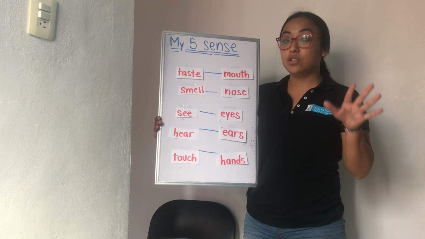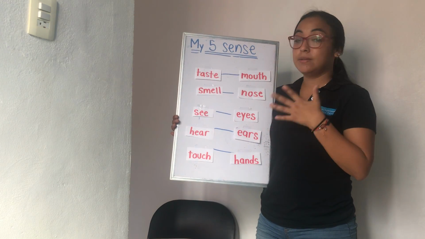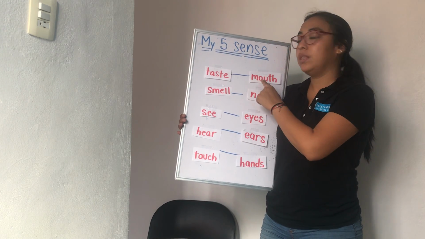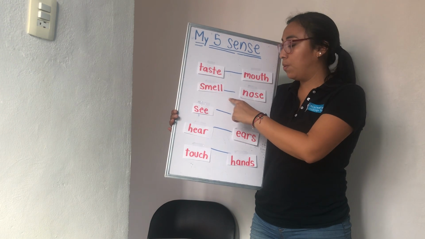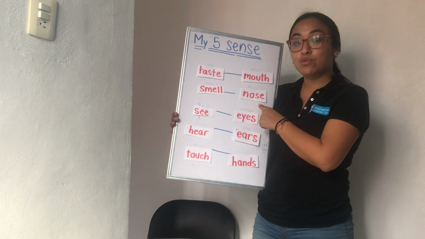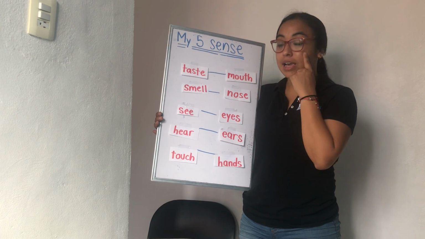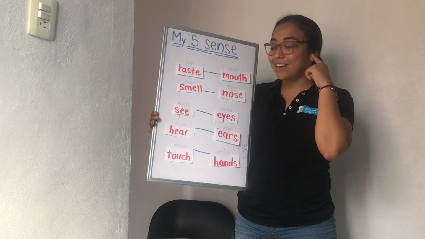Okay, so let's just repeat very quick. Vamos a repetir un poco más rápido acerca del 5 senses, okay? So I taste with my mouth. I smell with my nose. I see with my eyes. I hear with my ears.